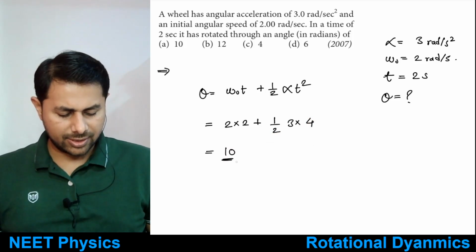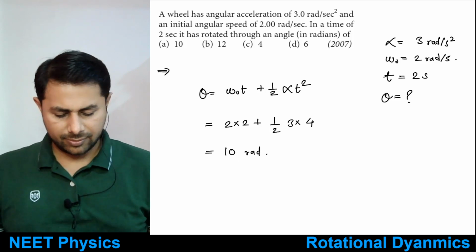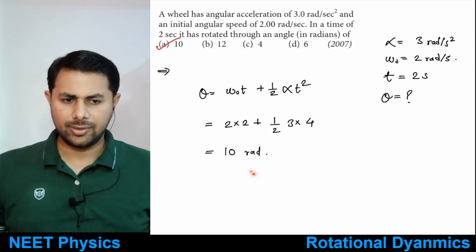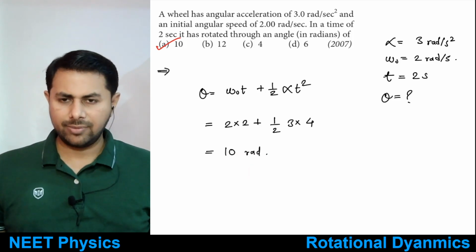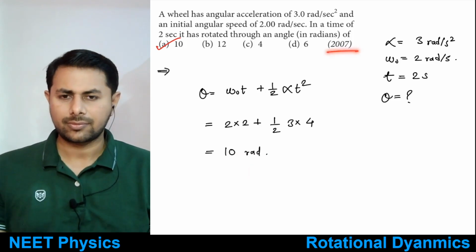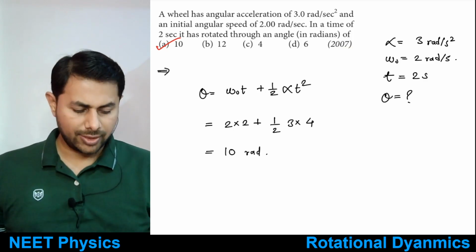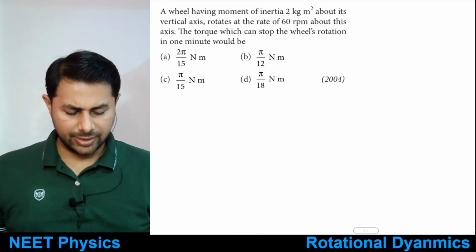So 10 radians is the answer, option A, right? Very simple. Okay, good. Let's see the next one.